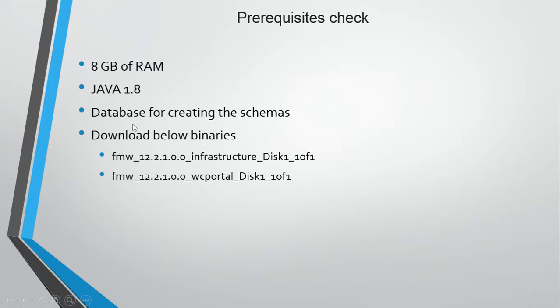Then you should have the database up and running, because the database is required to create the schemas, and that is what we'll run the RCU for. Then download the below binaries: one is Fusion Middleware 12.2.1 infrastructure, then the WebCenter Portal binaries. So without wasting time, let me start the installation process.